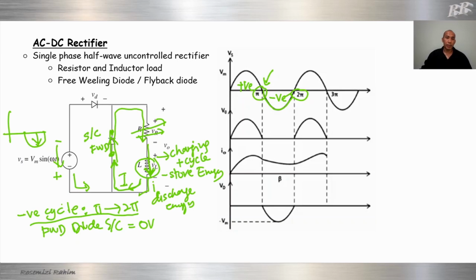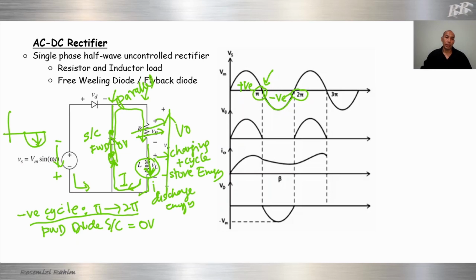So what happens during this negative cycle is that this diode is a short circuit, 0 volt. So how about the voltage here, V out? This one and this one are in parallel. For a parallel circuit, the voltage is the same.